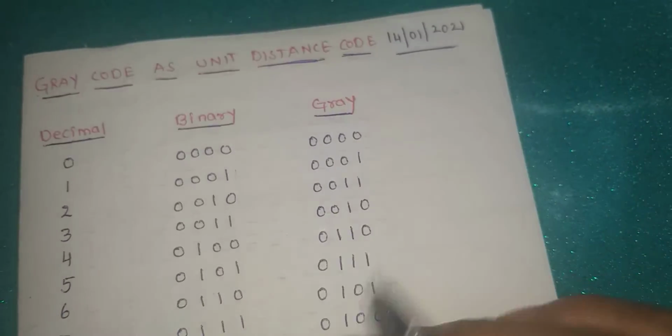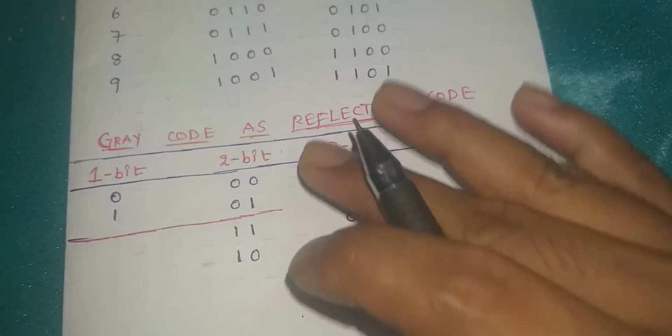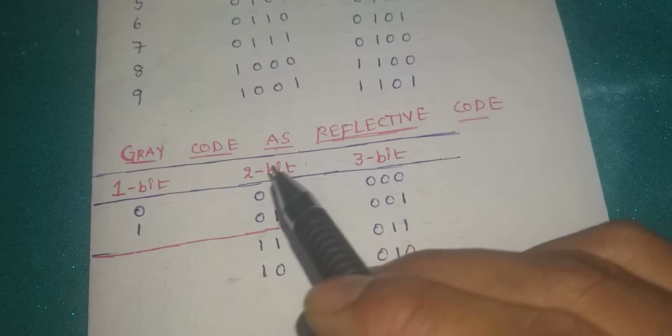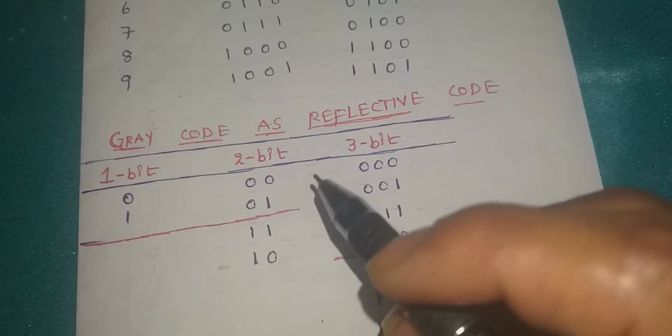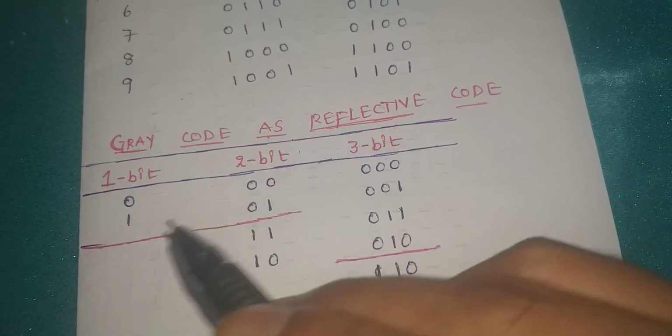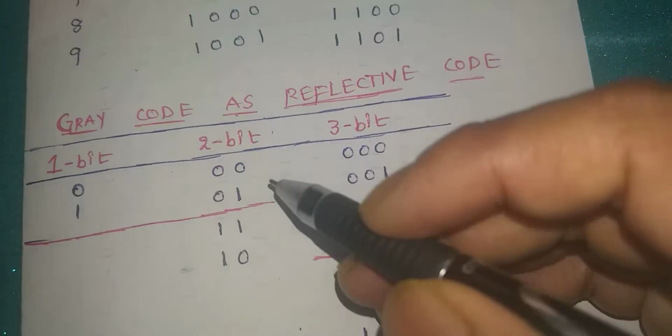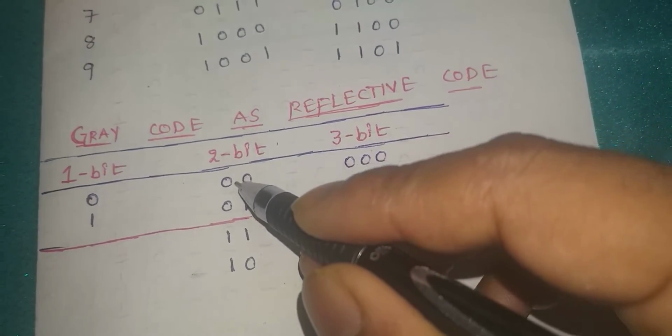Is it clear? Now we will look at why gray code is called a reflective code. I have taken the gray code for 1 bit, 2 bit and 3 bit to show why gray code is reflective. For 1 bit I can't say, but for 2 bit, observe the least significant bits.